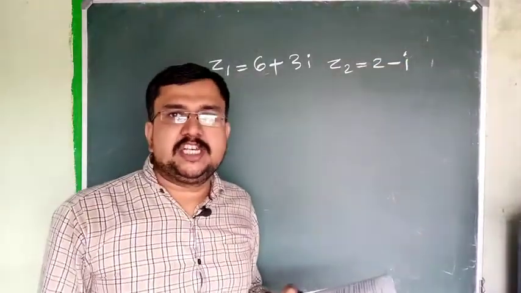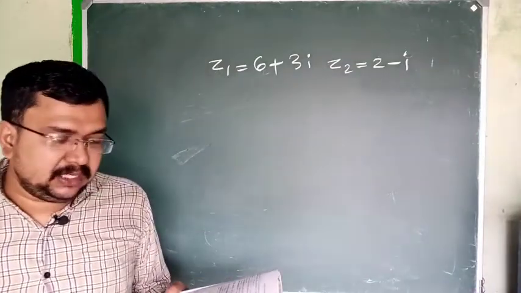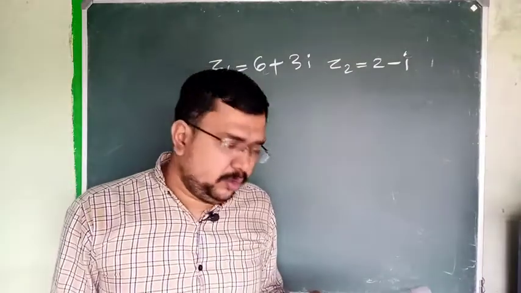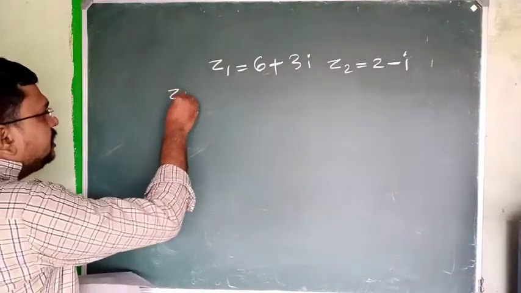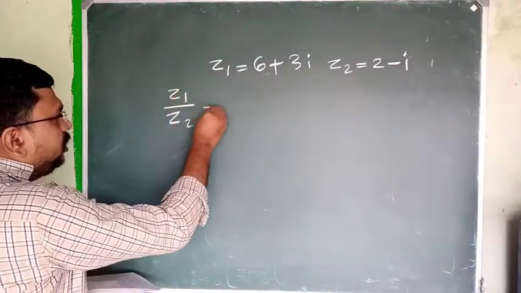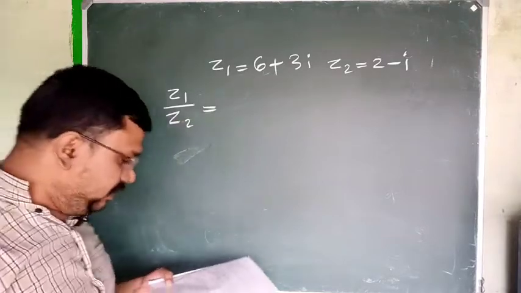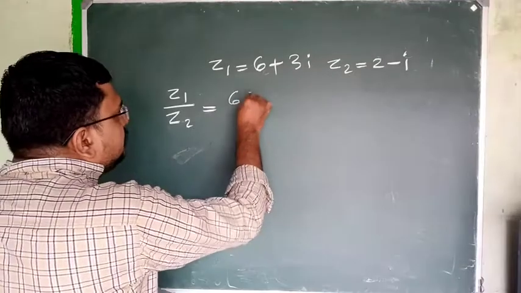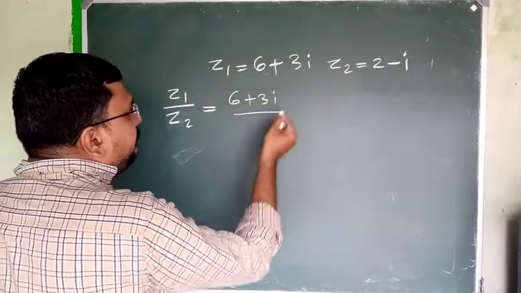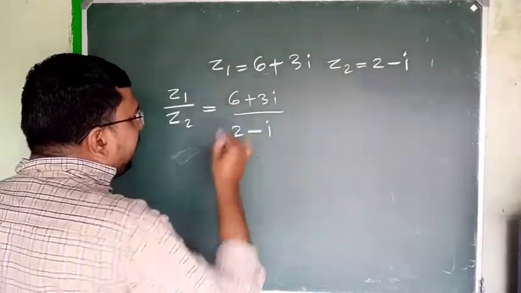Then what is Z1 by Z2? That is, 6 plus 3i divided by 2 minus i.